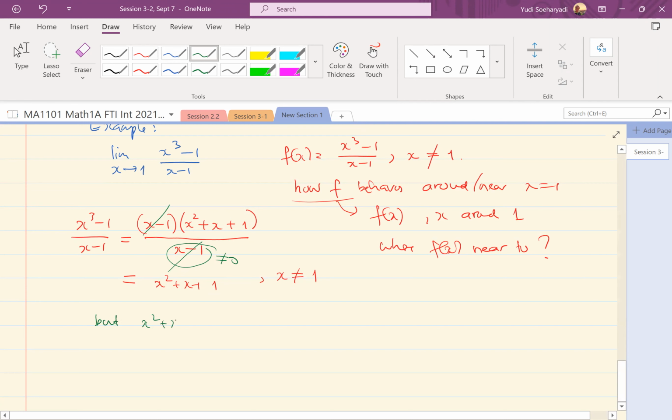So it is okay to plug in the value x equals 1, right? And the value is, let's see, when you plug in 1, you get 3. Okay.